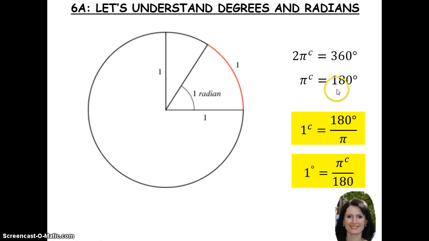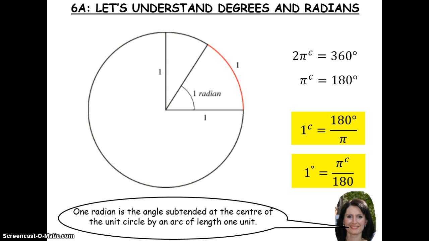Look up over here where we have 180 degrees and pi radians. If we want to get just 1 degree, we divide both sides by 180, meaning that 1 degree is pi over 180. That's handy to remember and something you definitely should put on your cheat sheet.